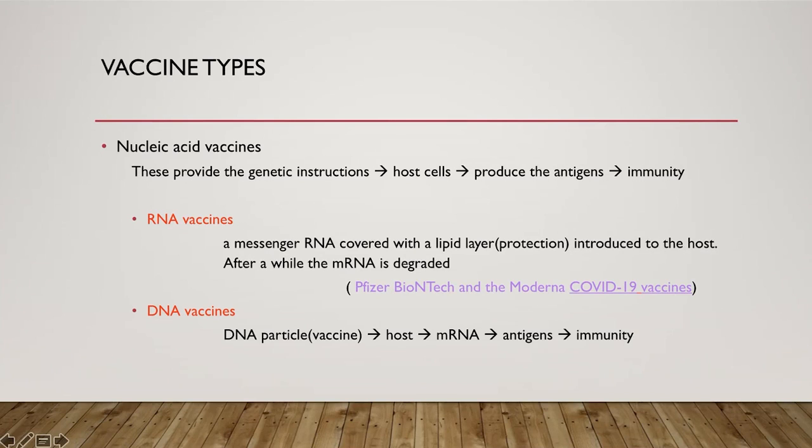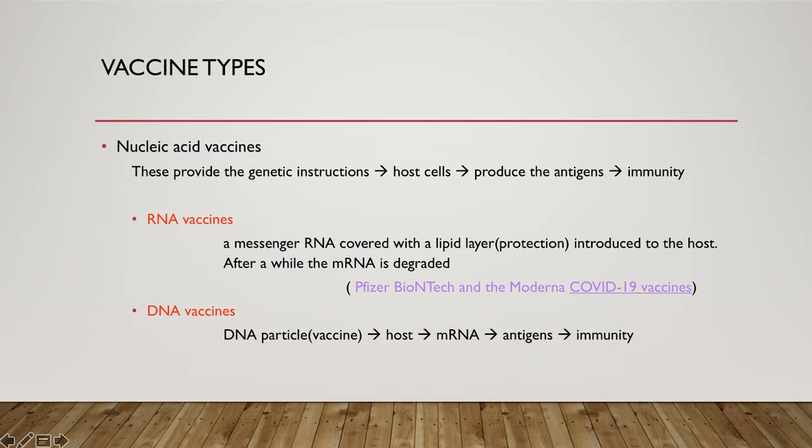Another technology uses DNA vaccines. DNA particles or the DNA vaccine are much stronger than messenger RNA. So they don't need a protection layer. They will go into the host and stimulate mRNA production. So the host will produce mRNA.